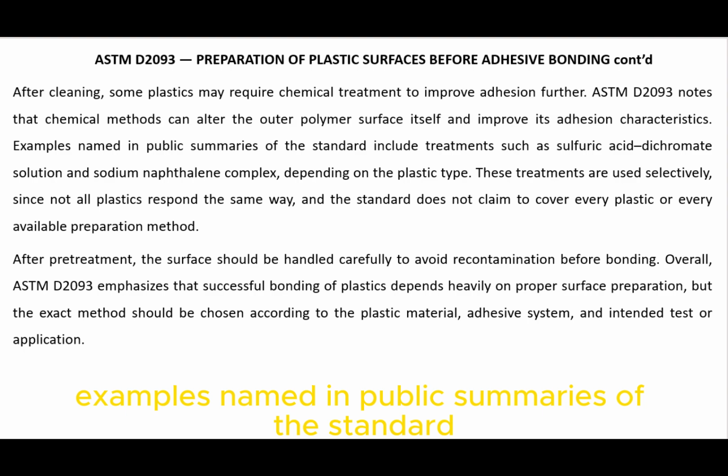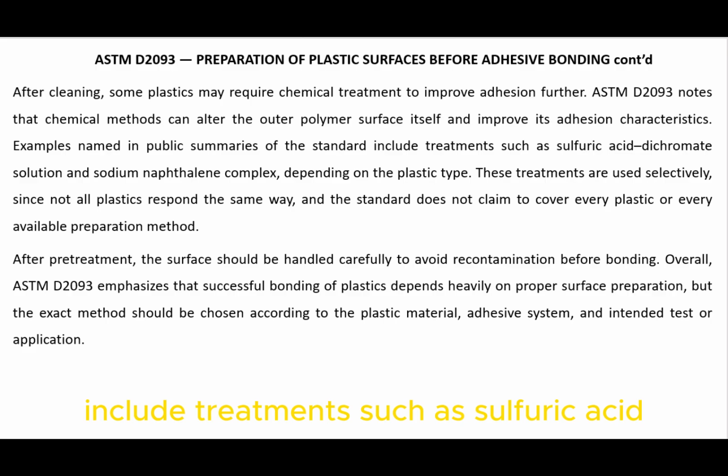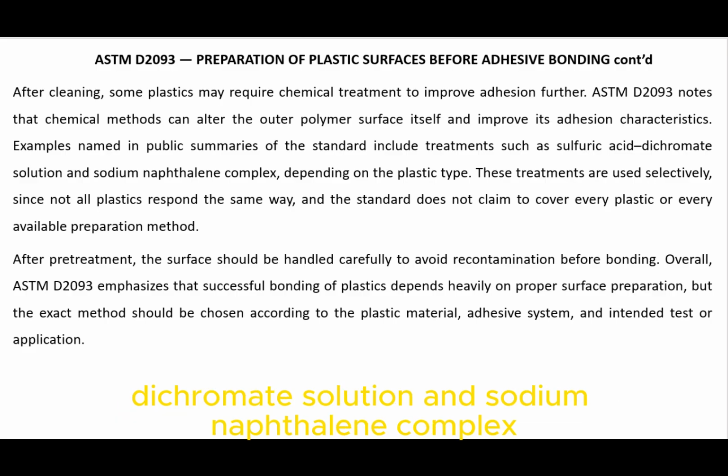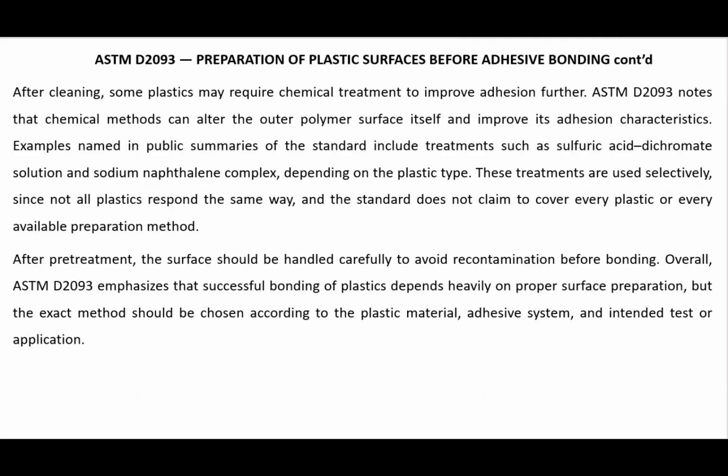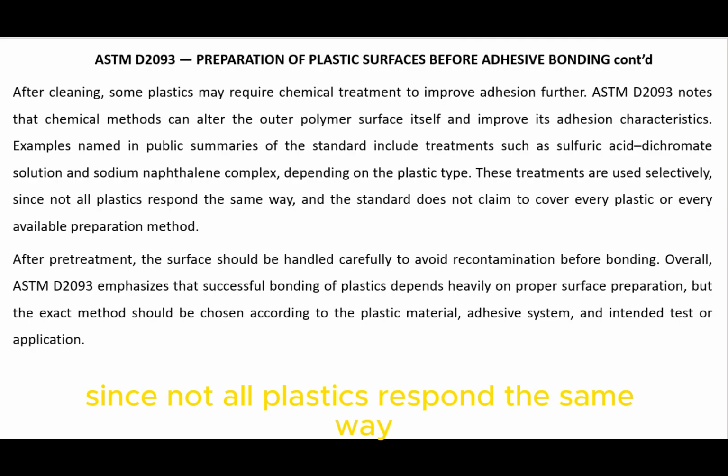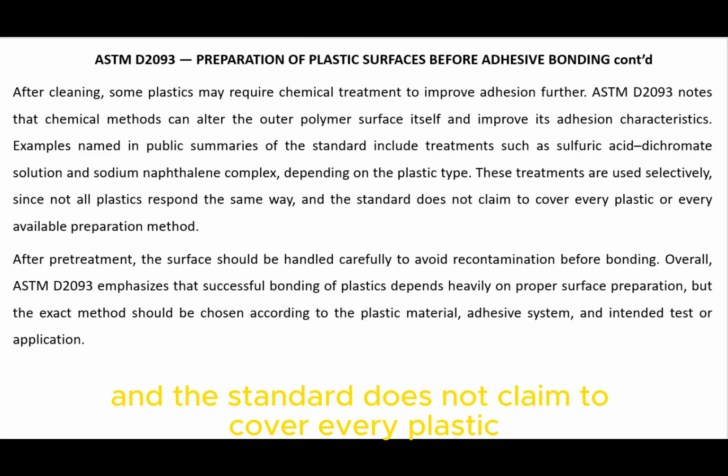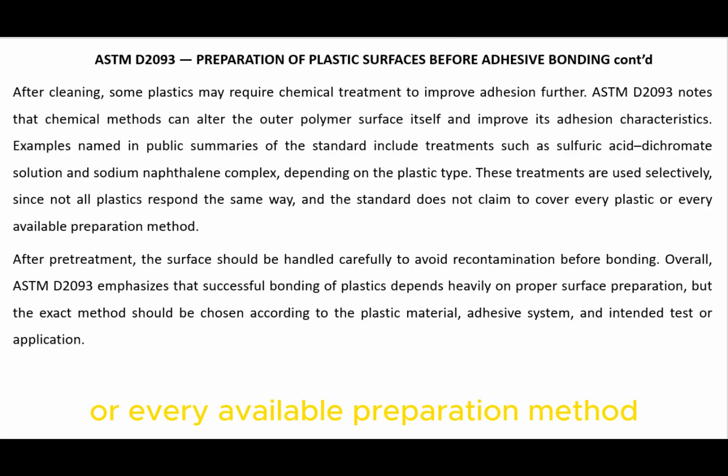Examples named in public summaries of the standard include treatments such as sulfuric acid, dichromate solution, and sodium naphthalene complex, depending on the plastic type. These treatments are used selectively, since not all plastics respond the same way and the standard does not claim to cover every plastic or every available preparation method.